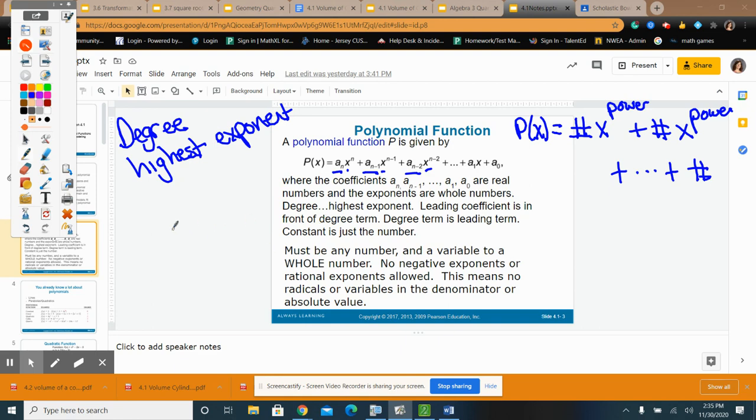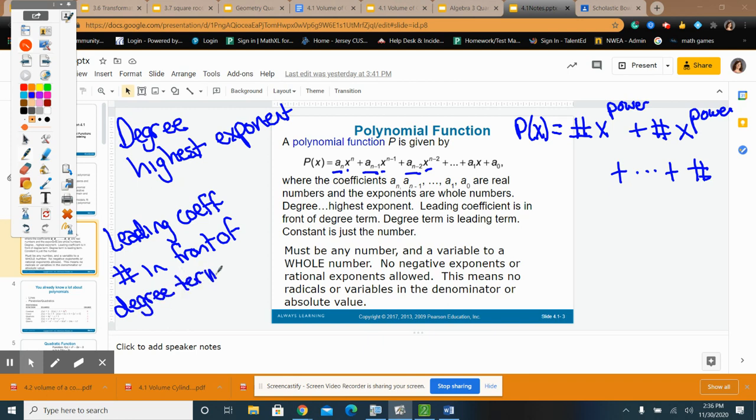And the leading coefficient is the number in front of the degree term, the highest exponent term.